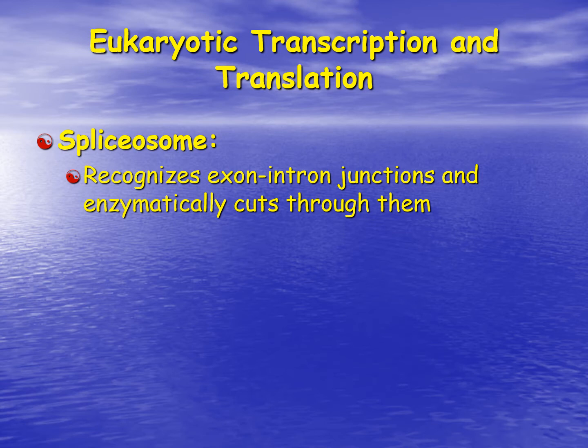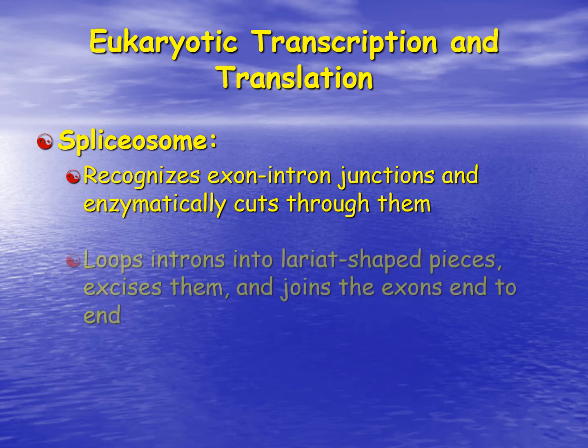The poly A tail, even though it's not involved in the stop codon, may actually just simply stabilize the messenger RNA strand. And then the spliceosome or ribozyme is going to cut out the introns and splice together the exons before the messenger RNA leaves the nucleus for translation.